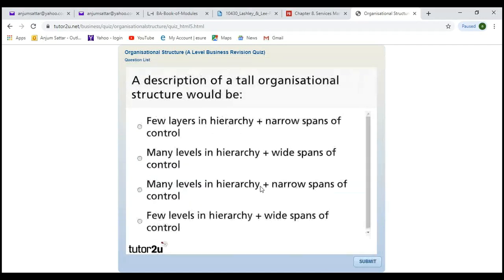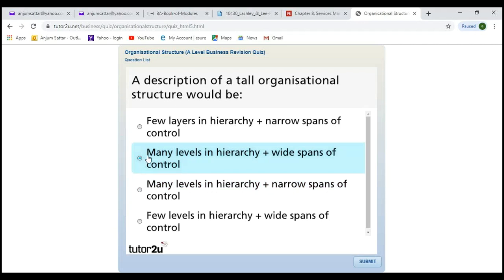Okay, next. A description of a tall organization. Like we discussed, a tall organization means very tall, going from the top down. Which option do you think it can be? Many levels in the hierarchy and wide span of control, or narrow, it's between those two.